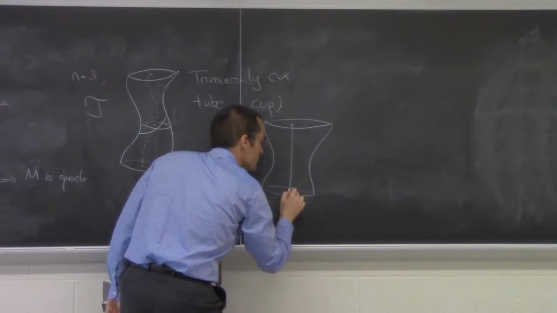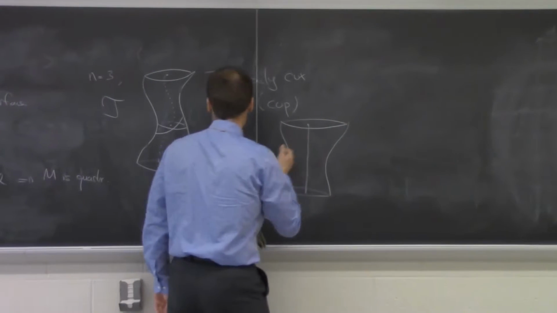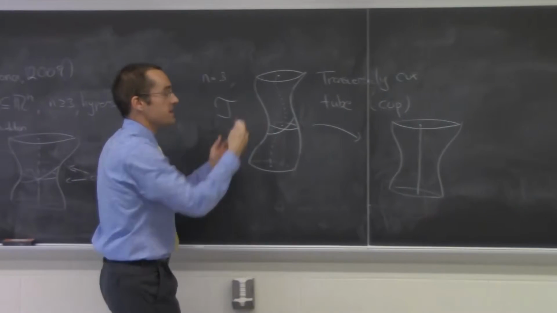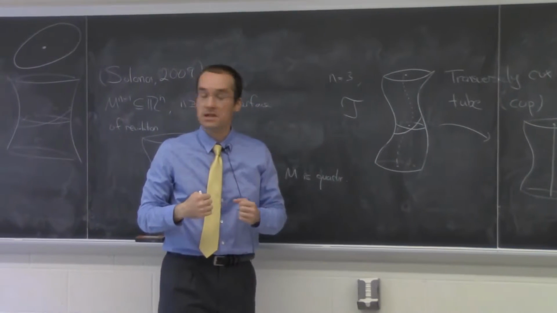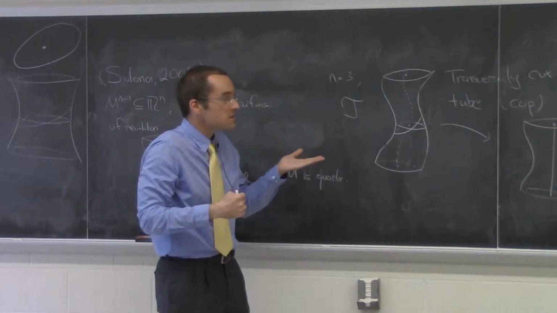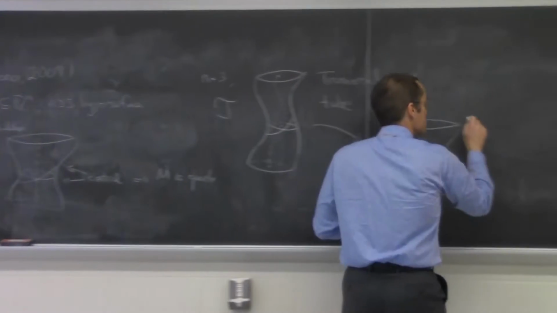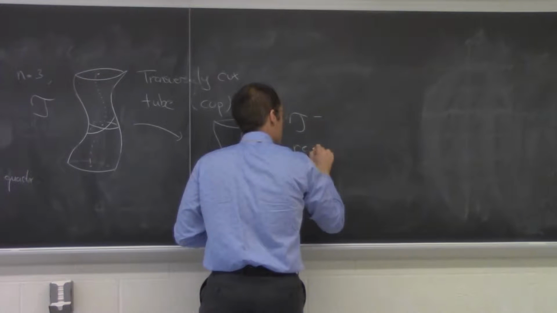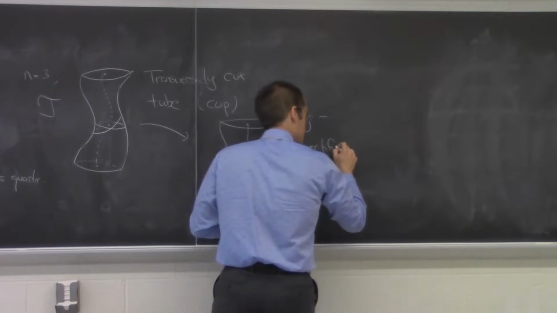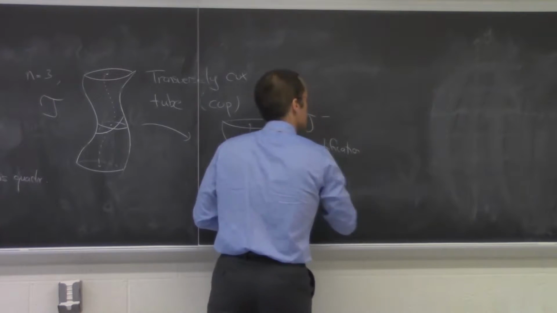So how do I obtain this? I obtain it by just translating each horizontal cross section such that their centers lie on the e_n axis. Okay, and this is a rectification of this transverse to convex tube.